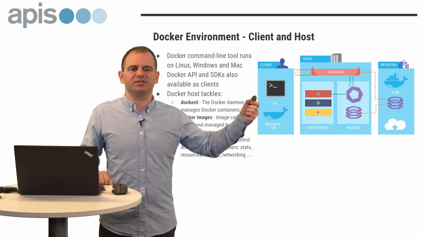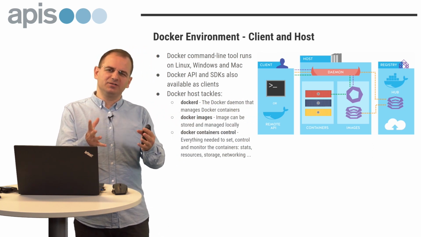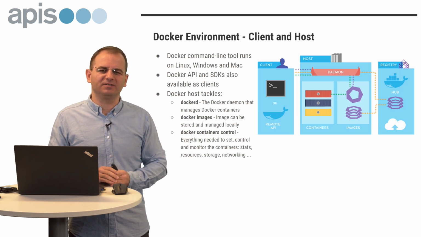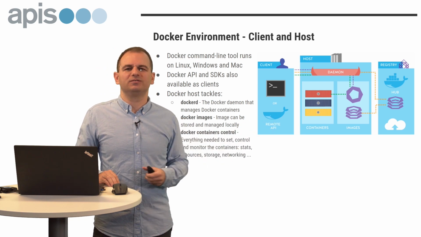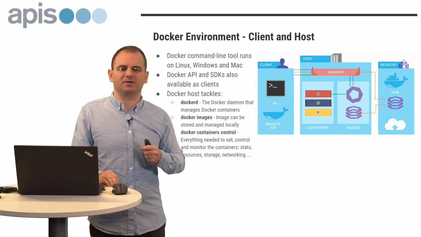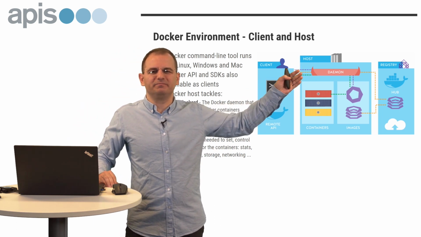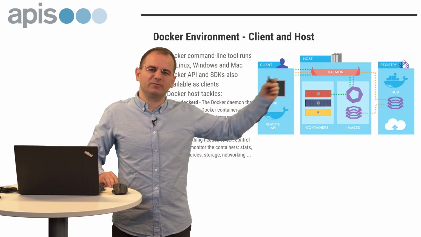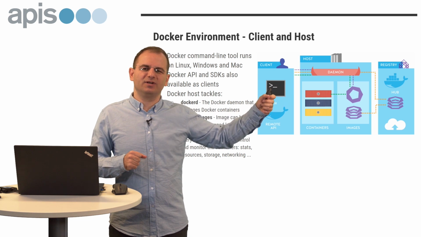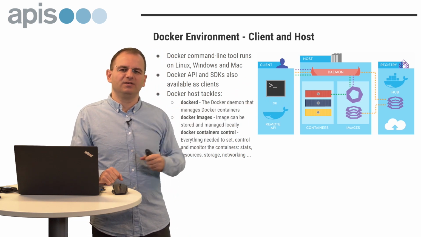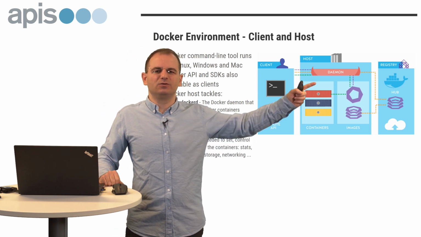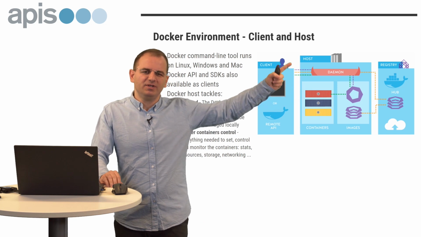In the client component, you can have a command line tool, so you open a terminal and you just type docker and you can run it. Or you could use HTTP remote APIs to access the host component of Docker. The most important part of the host component of Docker is the daemon. And this is what you are connecting to via your clients, either the terminal tool, the command line tool, or the remote APIs. So you connect to the daemon.